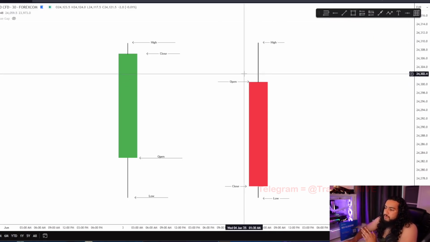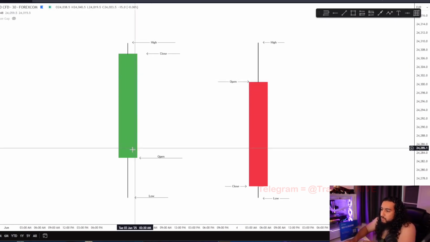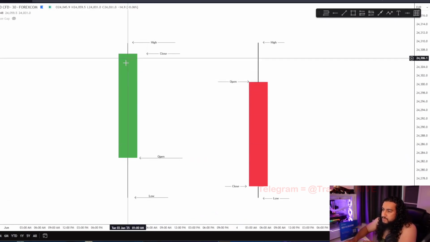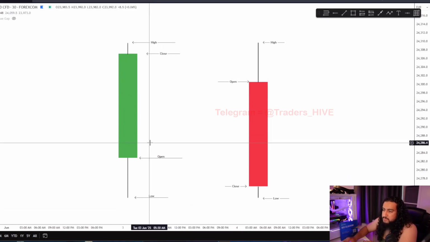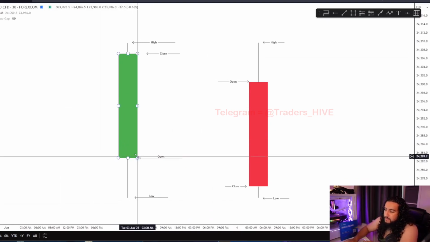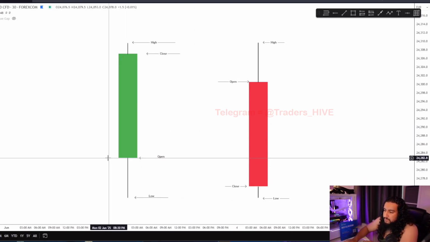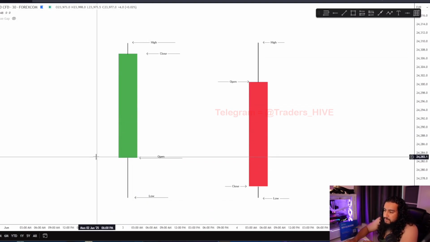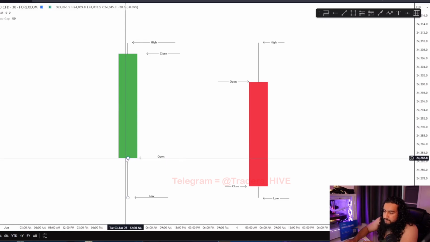Right, so candlesticks, let's quickly go over this. This is a bullish candle, which means that price goes up. When this candle opens up, it will open up here, at the bottom of it. This is where the open is.